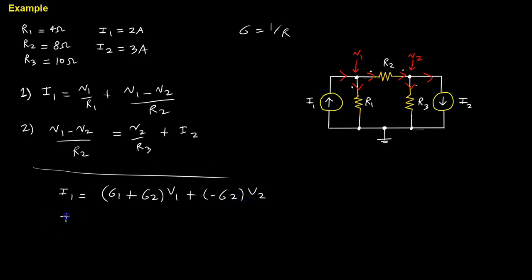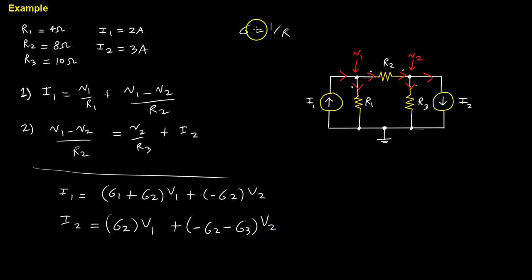And for the second equation, we have I2 is equal to, so I'll take this guy to the other side, and we will have G2 for V1 plus negative G3 minus G2, and minus G3, essentially minus G2 minus G3.